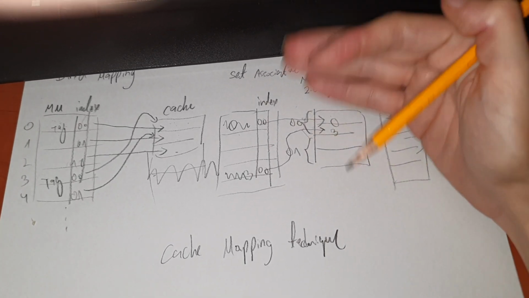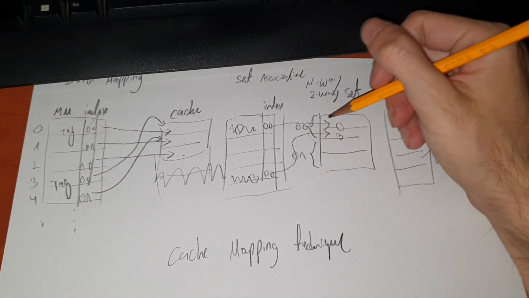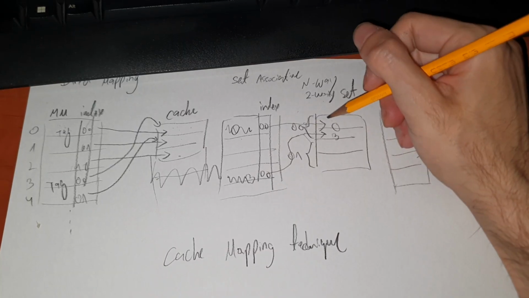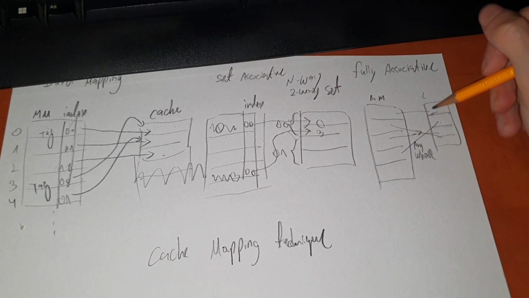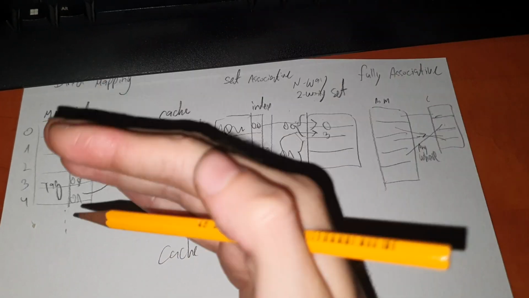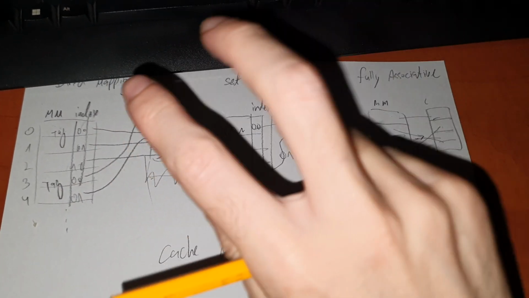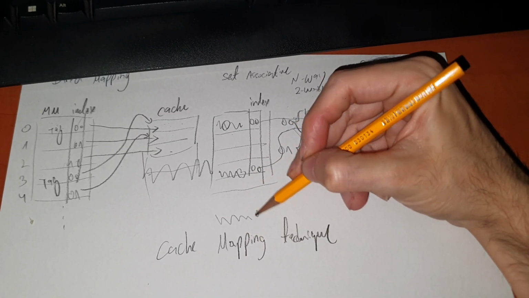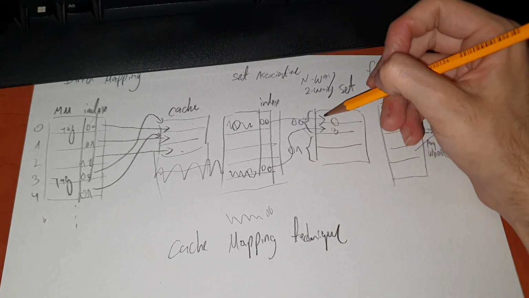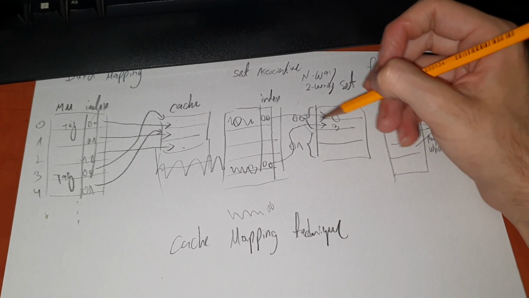Yet when I want to find something, I can go to the set, and I will have a much easier time finding the data compared to fully associative. So these are the advantages and disadvantages, combined between them. Of course, if I need another data that also belongs in set 00 and those two are full, I need to replace one of them.